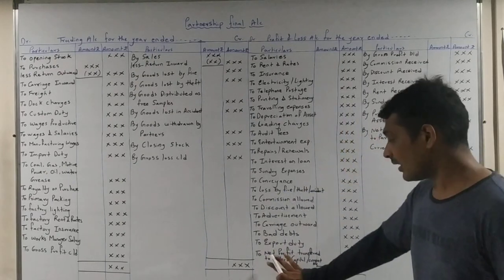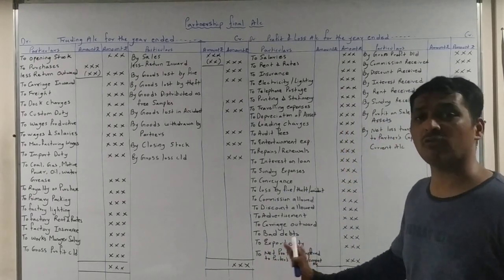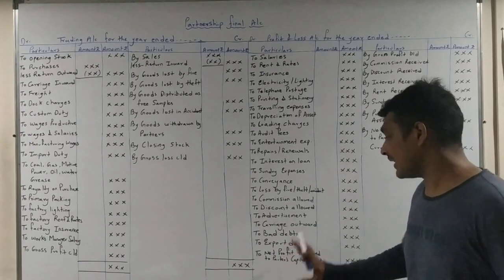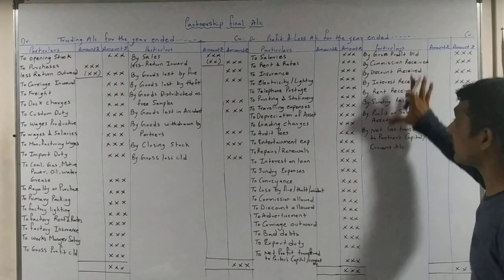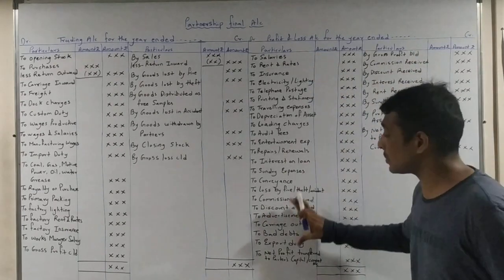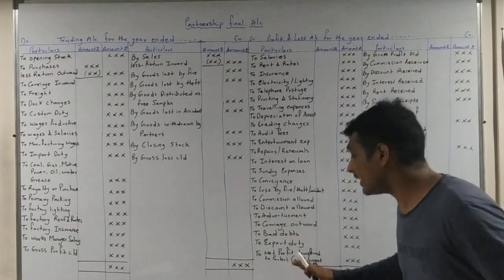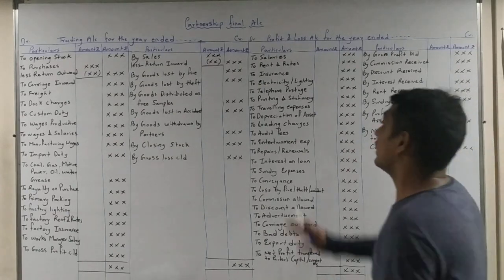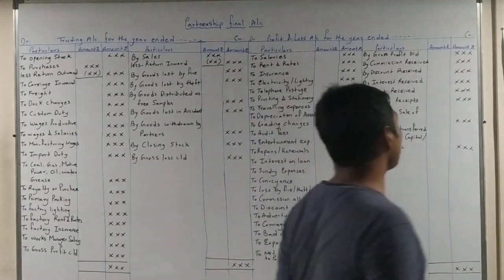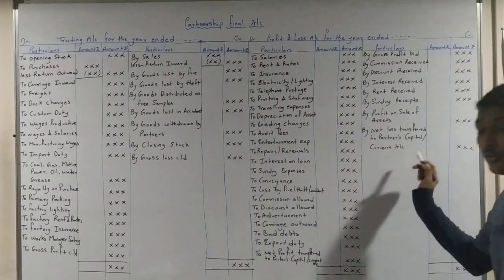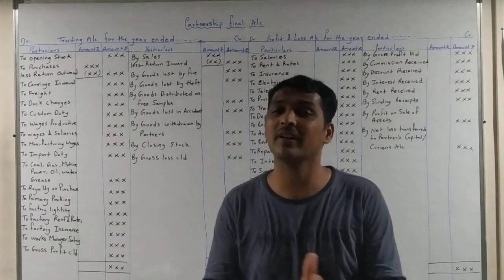Let us understand how we find the net profit. Again I'll repeat, if the total of the credit side is more than the total of the debit side, we get net profit. In the same way, if the total of the debit side is more than the credit side, we get net loss. I hope you understood net profit and net loss.